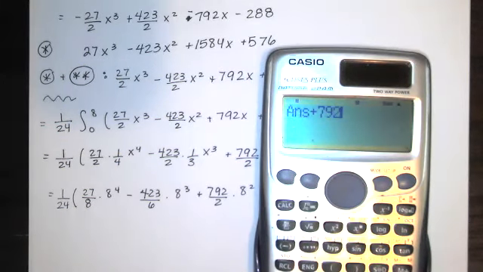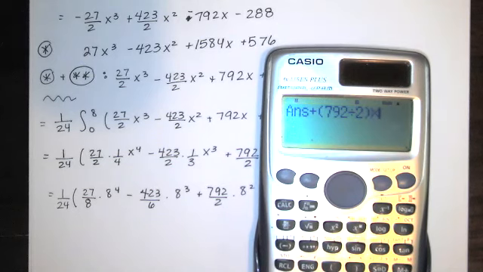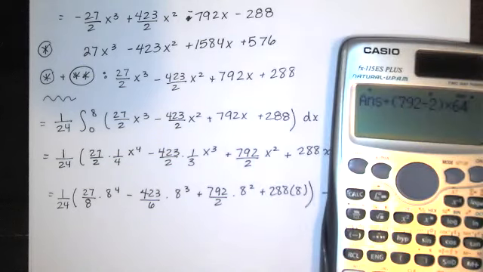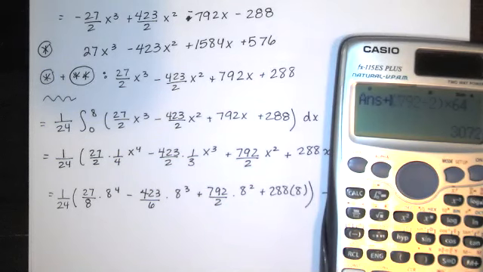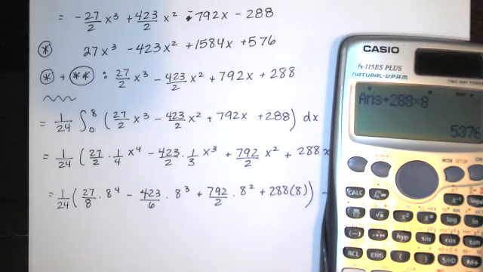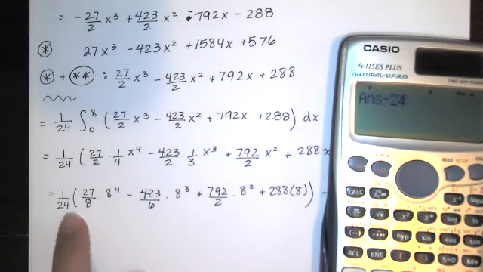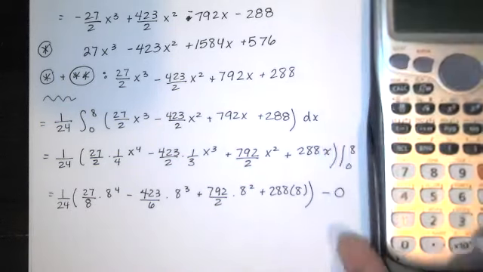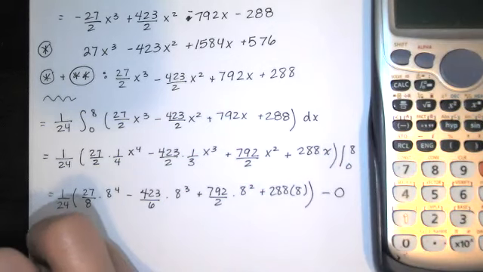Plus 792 divided by 2 times 8 squared. Plus 288 times 8. Take that answer and divide by 24 because of that 24 out front. So we get 224.